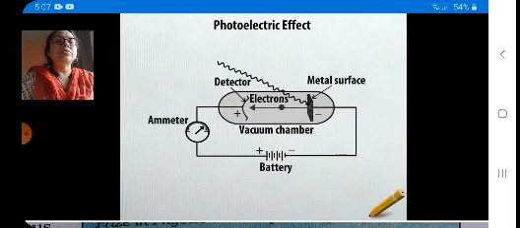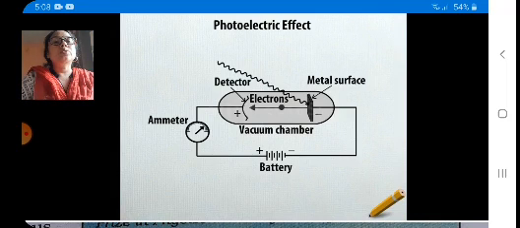In this equipment, what we have seen is a vacuum chamber, that is a cylinder. Inside the vacuum chamber, at one end there is a metal surface, and at the other end we put the detector.